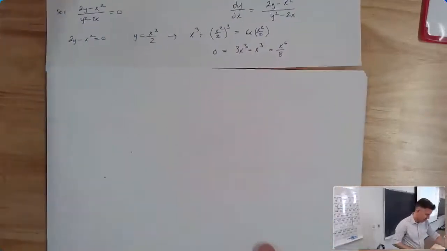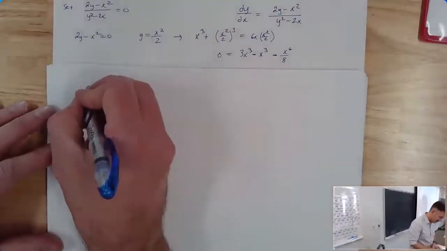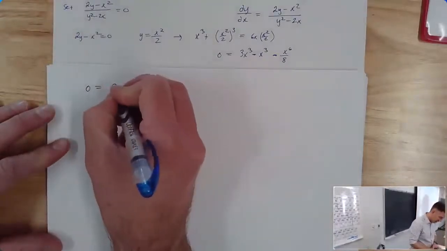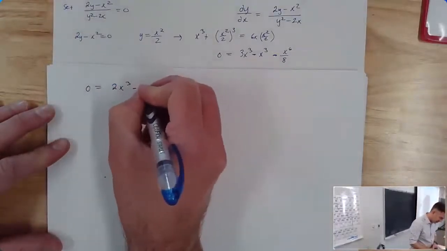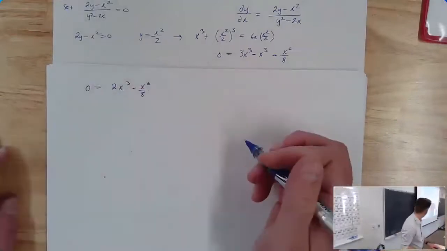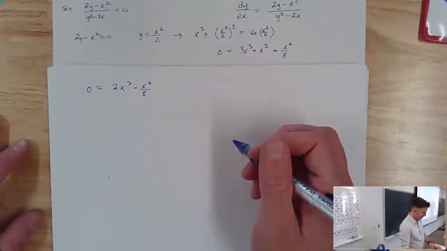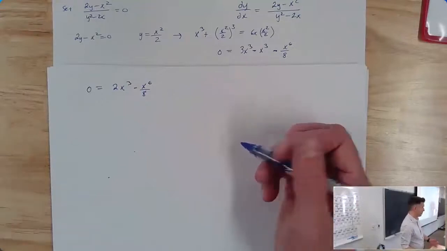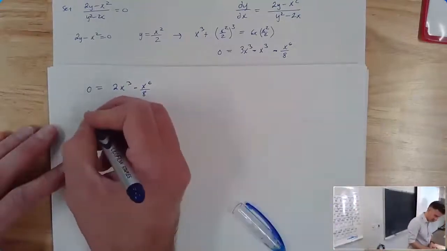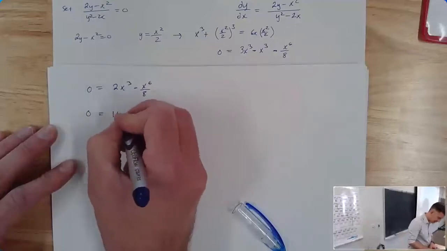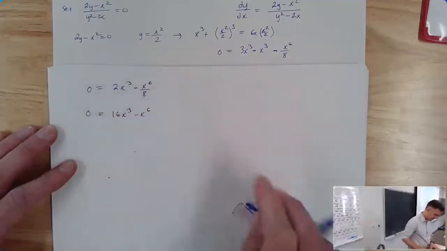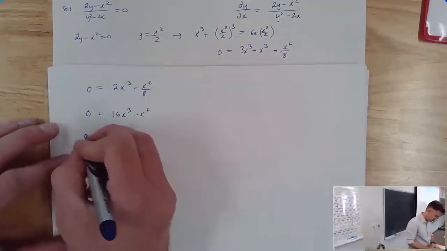It's fine. So solving this, we have 0 equal to 2x cubed minus x to the 6th over 8. And I would try to make my life easier by multiplying everything by 8. That seems like something we could do. So I have 0 equal to 16x cubed minus x to the 6th, and then factor out an x cubed.